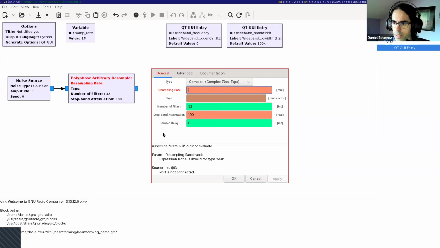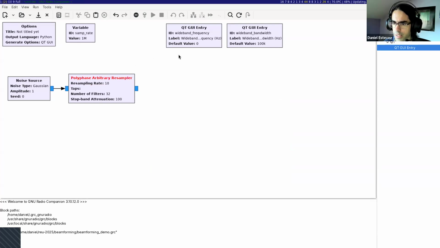So the resampling rate needs to be the sample rate divided by the bandwidth of the signal, wideband bandwidth. We are basically interpolating by 10 with this particular choice of parameters, which makes sense because the bandwidth of this is going to be 100 kilohertz, but we need to get up to the sample rate, which is 10 times more. And then the rest of the parameters I can leave as they are by default.